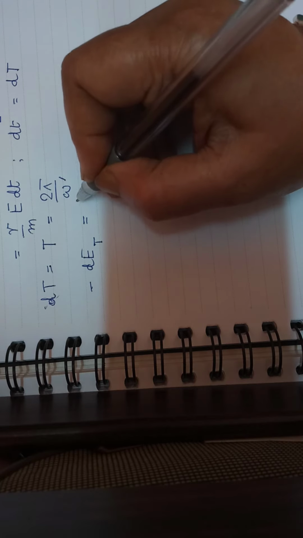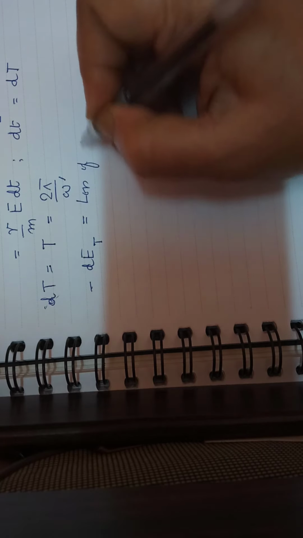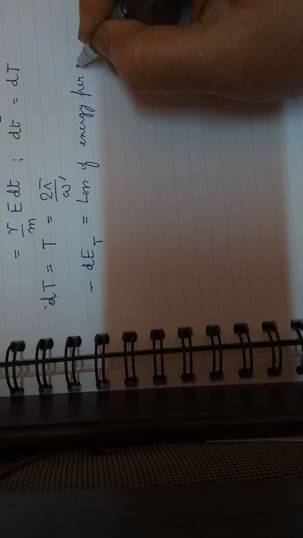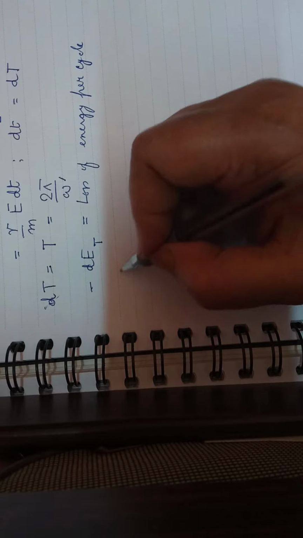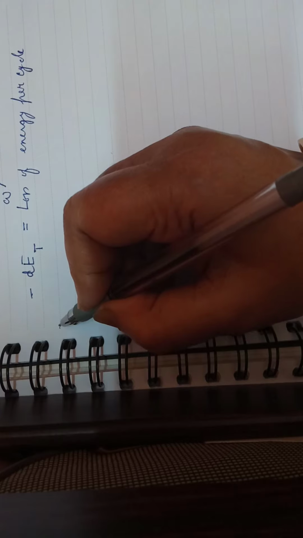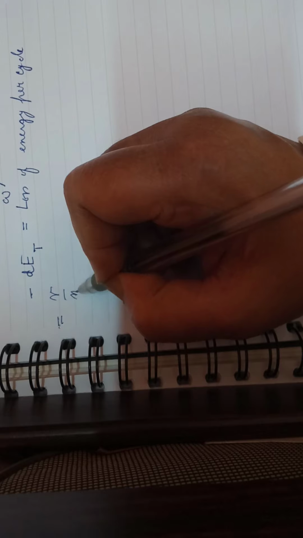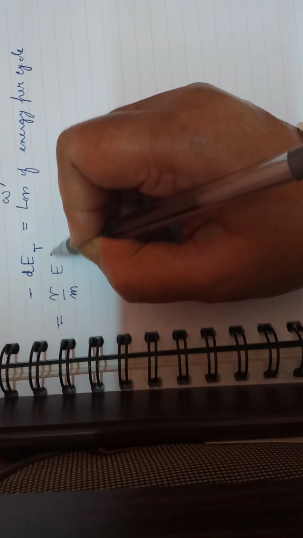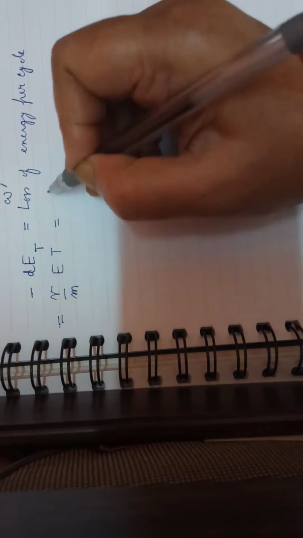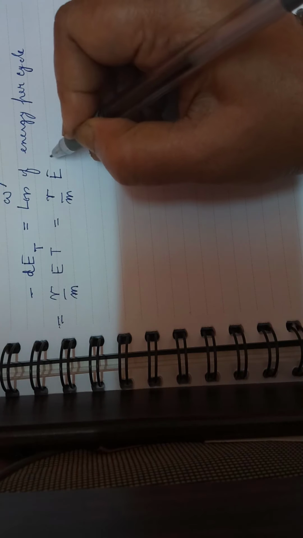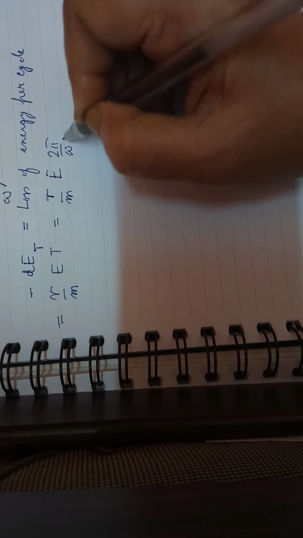So this I am calling the loss of energy per cycle. This will be equal to R by M E T, which is equal to R by M E 2 pi by omega prime.